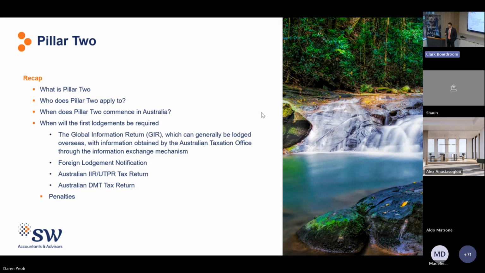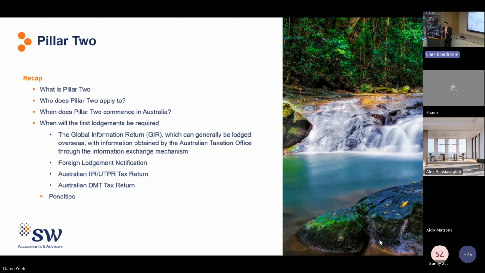So Pillar 2 is an OECD measure adopted by over 140 countries and is equally applicable to tens of other major countries as well. What it requires is that affected multinational groups have a minimum effective tax rate of 15% in every jurisdiction in which the group operates.